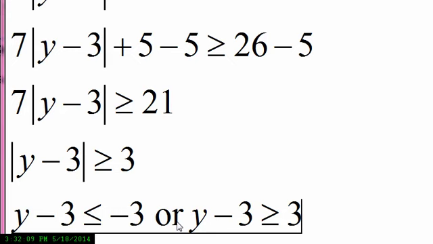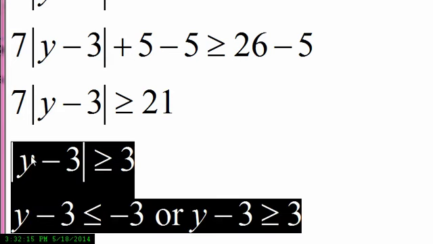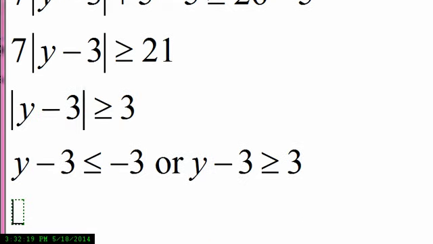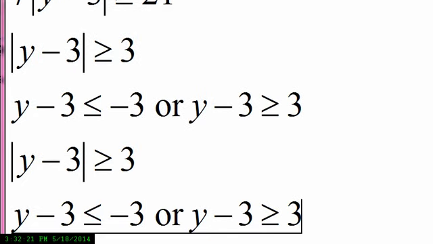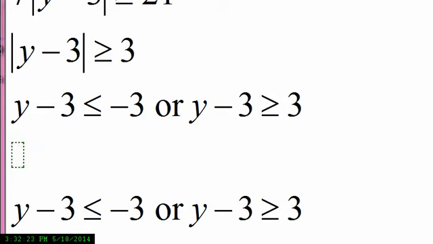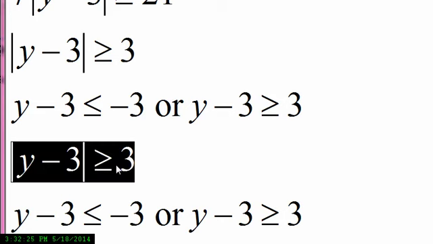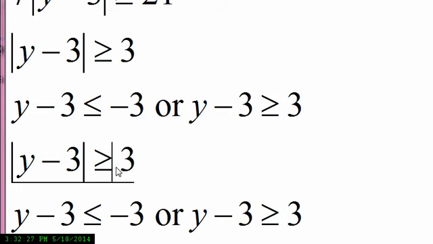So what I'd like to do is just show you what it would look like if it were indeed less than or equal to. So I'm going to copy this, and then change it to less than or equal to, just to show you what you would have. I'm using MathType to do this. So if we had less than or equal to 3, again, we would change the inequality symbol.